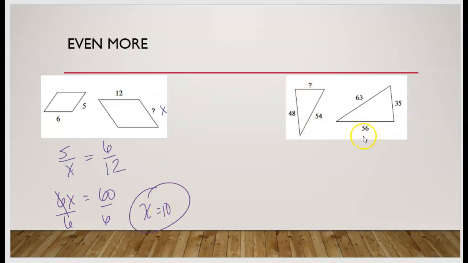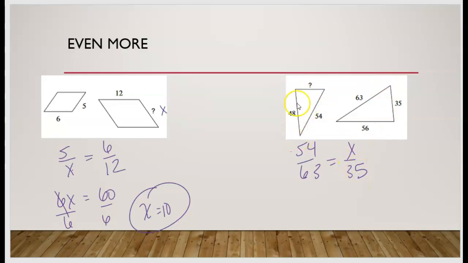Be careful with these. Sometimes when they start to change the orientation, see how this one's turned, it can get a little tricky. So if you want, you can return it so it's in the same orientation. Or, you know, here's the slanted side, here's the slanted side. So 54 over 63. Here's the height, if you will, and the height, x over 35.